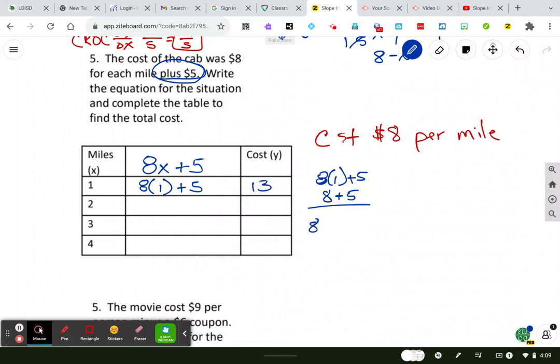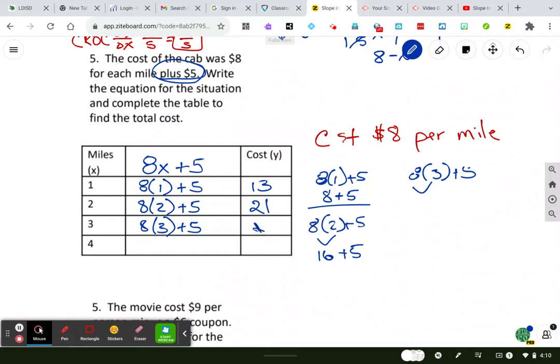Second one is 8 times 2 plus 5. 8 times 2 is 16. Plus 5 is 21. 8 times 3 plus 5. That's 24... 29. 8 times 4 plus 5 gives you 37.